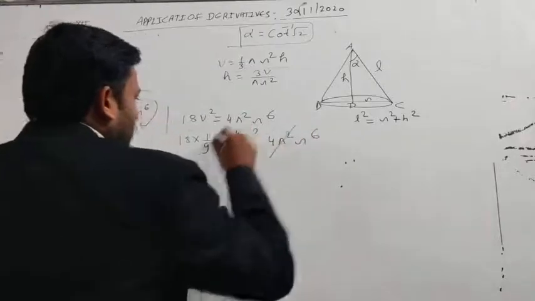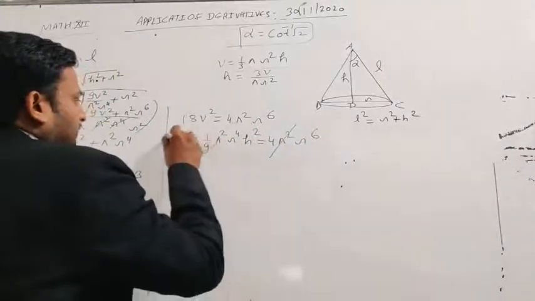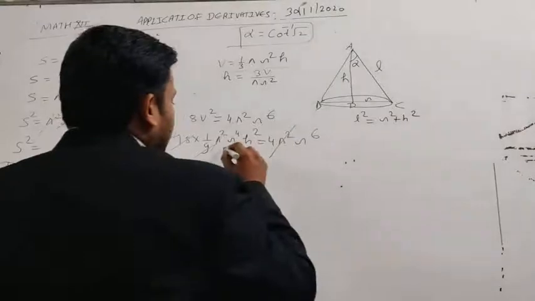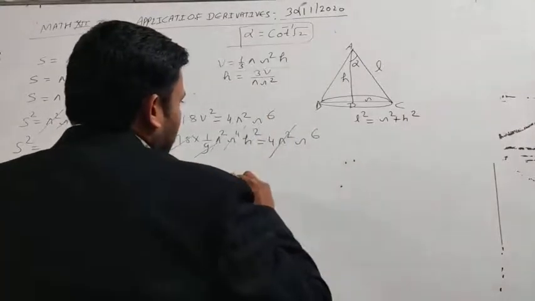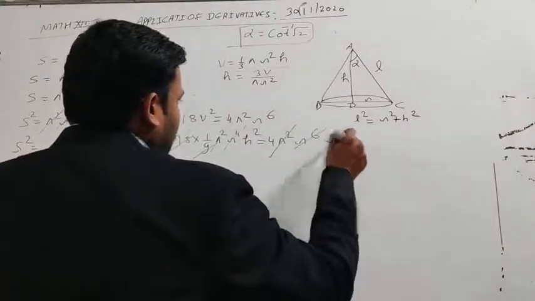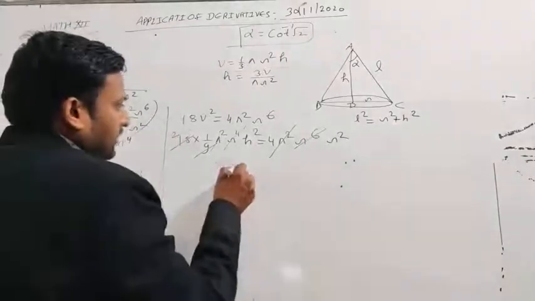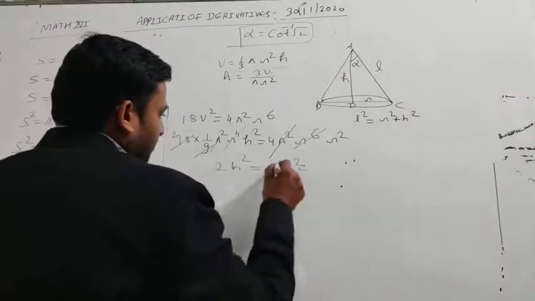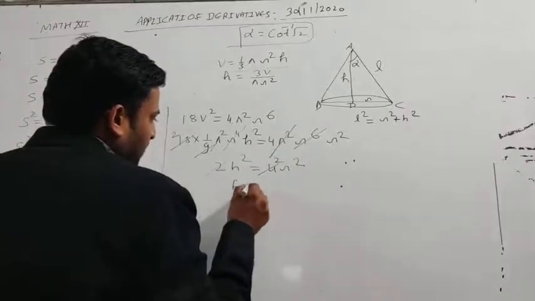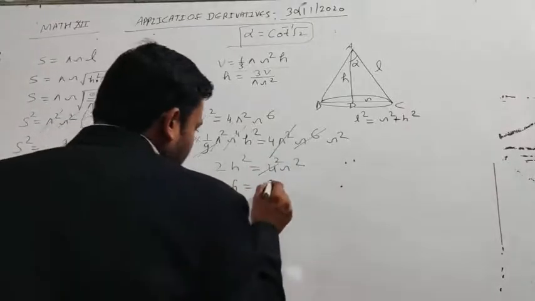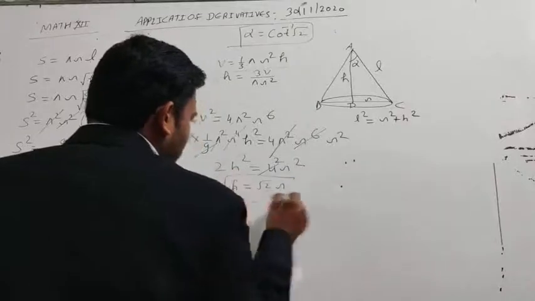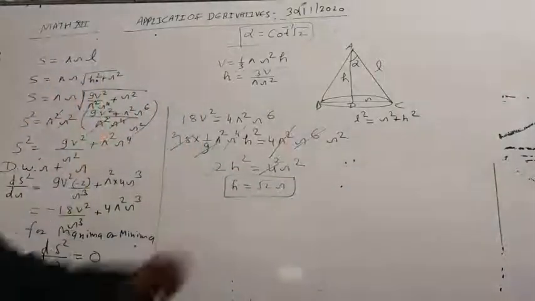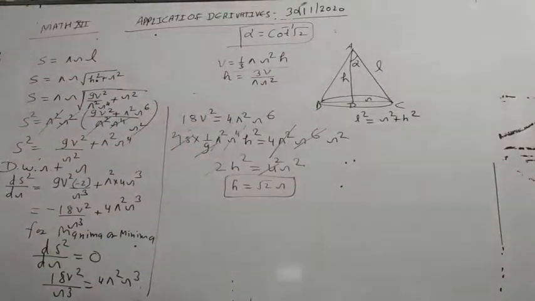So pi square will cancel, and r to the power 4 will change into r square. So 2h square will be 4 r square, so it will reduce again. So h will be root 2 r. From here we get our height equal to root 2 r.